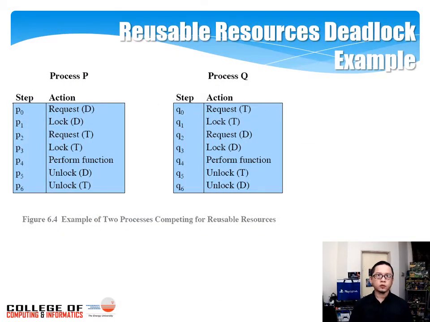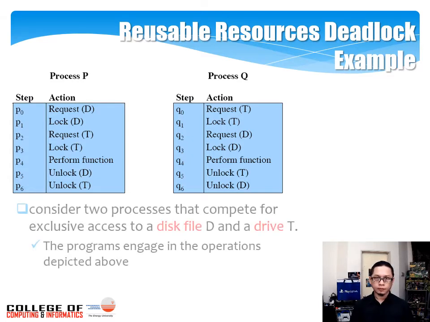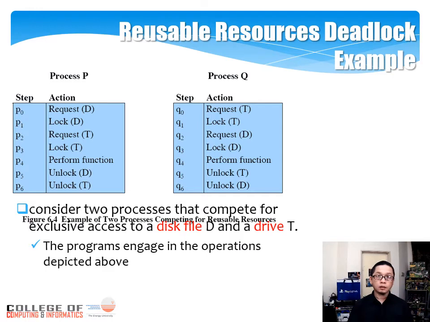Before we go further, let's look at this problem of process Q and process P. If you notice, both process Q and P are requesting the use of resources D and T. In this example, we have two tables, each representing one of the processes. Process P is on the left, process Q is on the right.